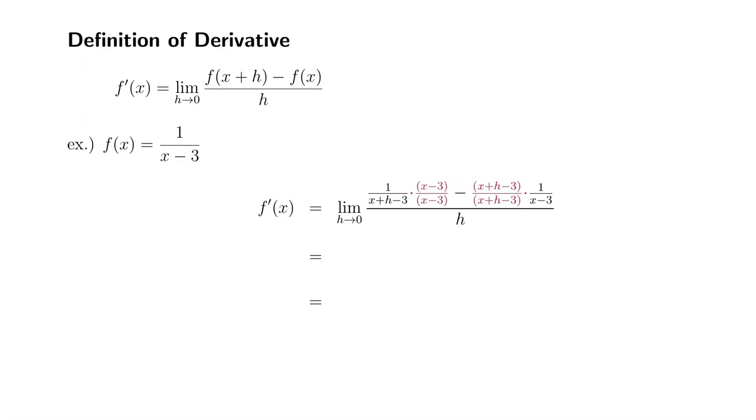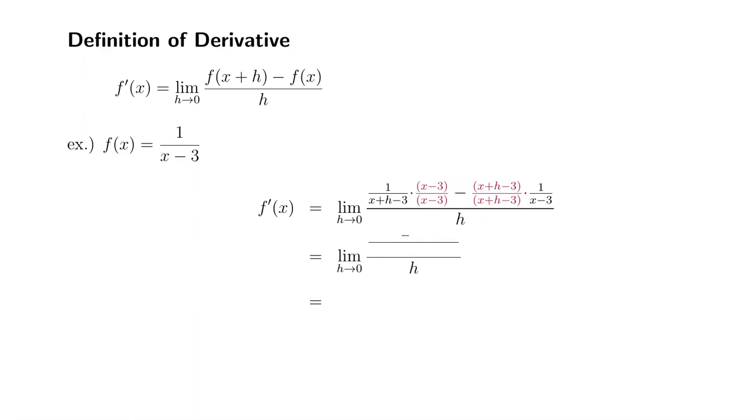So let's put down the template here. You have the limit as h approaches 0, and h is already there. I already put the negative sign there. The denominator is the common denominator, so we can put that in there.